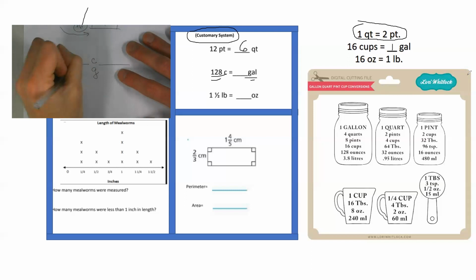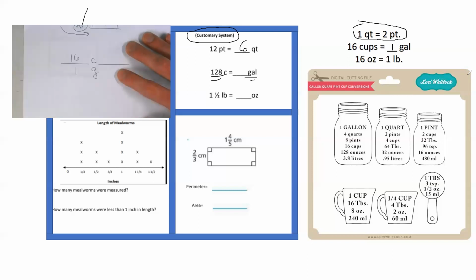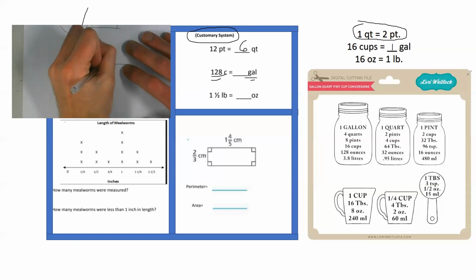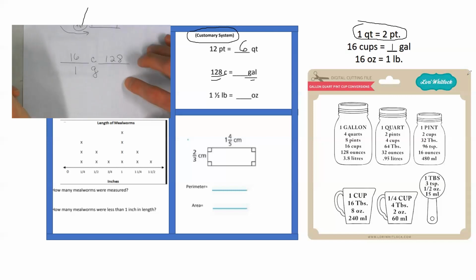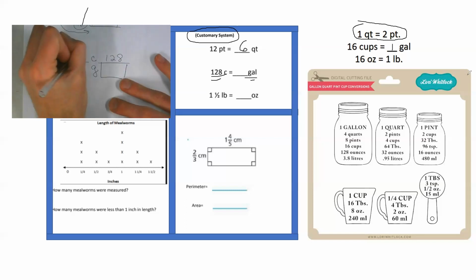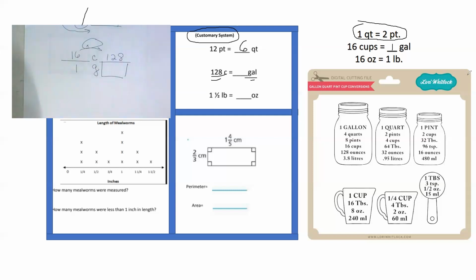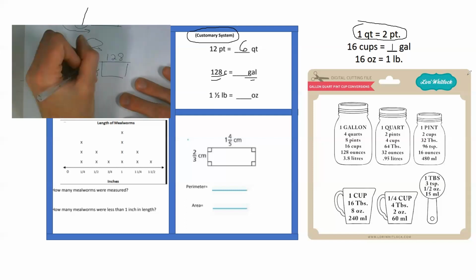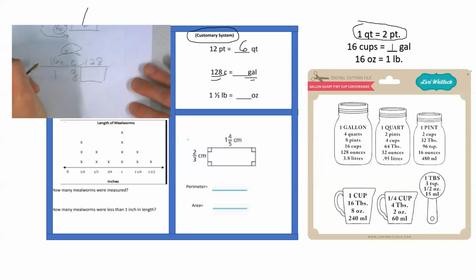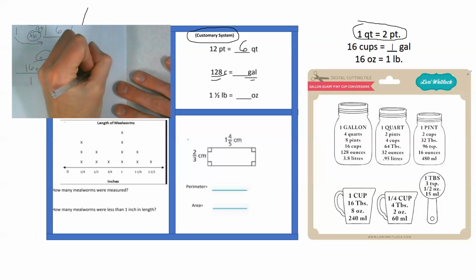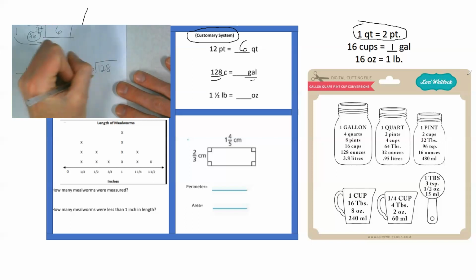So I'm going to put 1 gallon equals 16 cups. And then over here we have 128 cups. And we're trying to figure out how many gallons that is. So how do I do this? Well, this times what equals 128. And if I don't know that, remember, I'm allowed to divide this way. So I put 128 divided by 16.